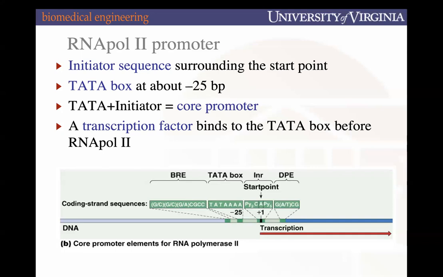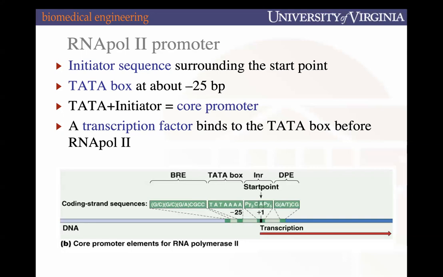They'll bind at the TATA box before RNA polymerase II. They serve as a way to increase the likelihood of RNA polymerase II binding to promote transcription. So the more transcription factor activity you get, the more likely you're going to get transcription of that gene.